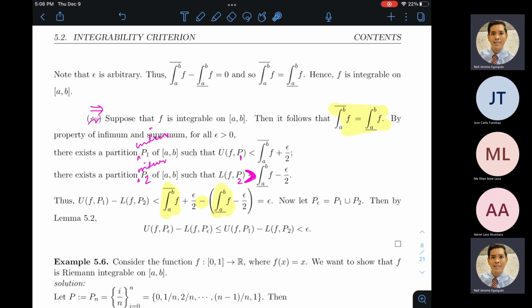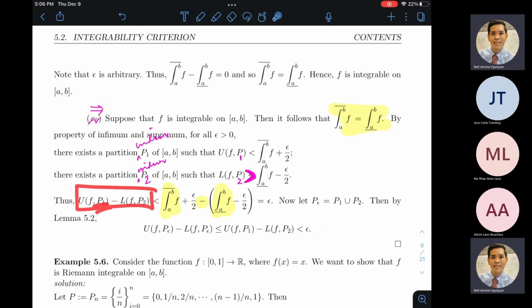Pag gumamit ako ng isang refinement, tawagin nating P sub epsilon. Siya si P1 union P2. Now, yung partition, let's see. Okay, tingnan natin to. So, alam na natin ito ay totoo. Kaya lang ang sabi nung theorem, dapat there exists a partition P such that the upper Riemann sum of that partition P minus the lower Riemann sum relative to that partition P must be less than epsilon.